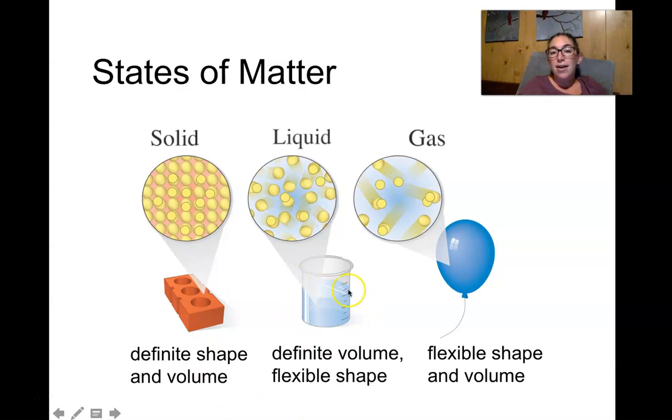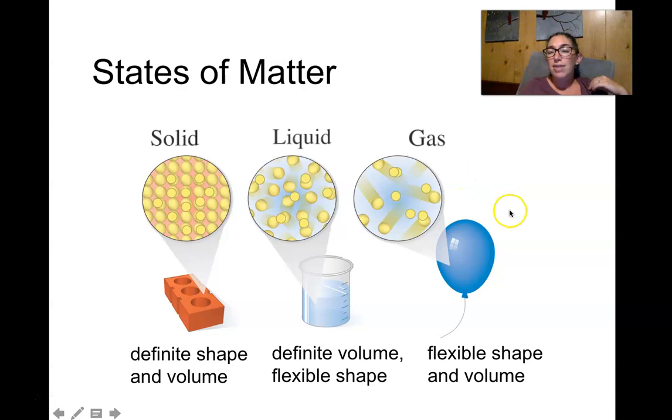So you could take this beaker of water with let's say 100 milliliters of water in it, and you could pour it into different containers, and the water would take on the shape of those containers, but no matter which container you put it in, it will still always be 100 milliliters of water.